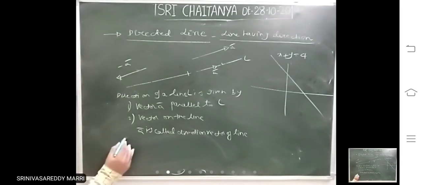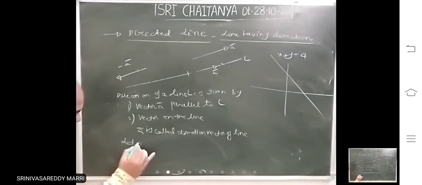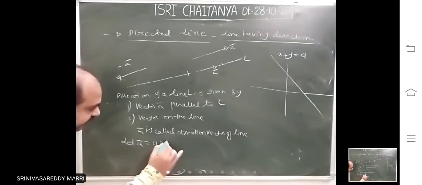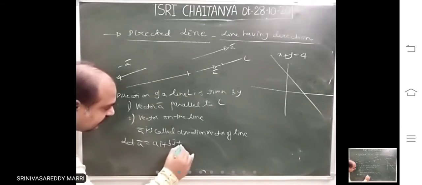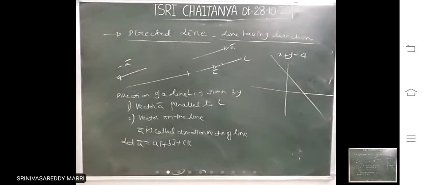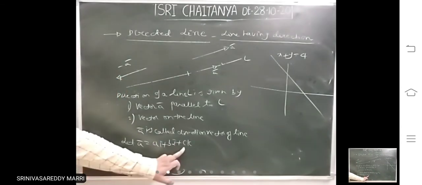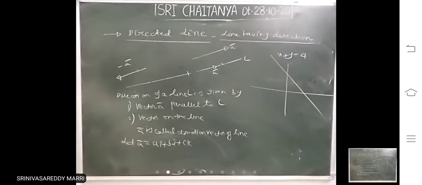So let us say A bar vector is like this: AI plus BJ plus CK. A bar I have given, and the line is drawn parallel to this.